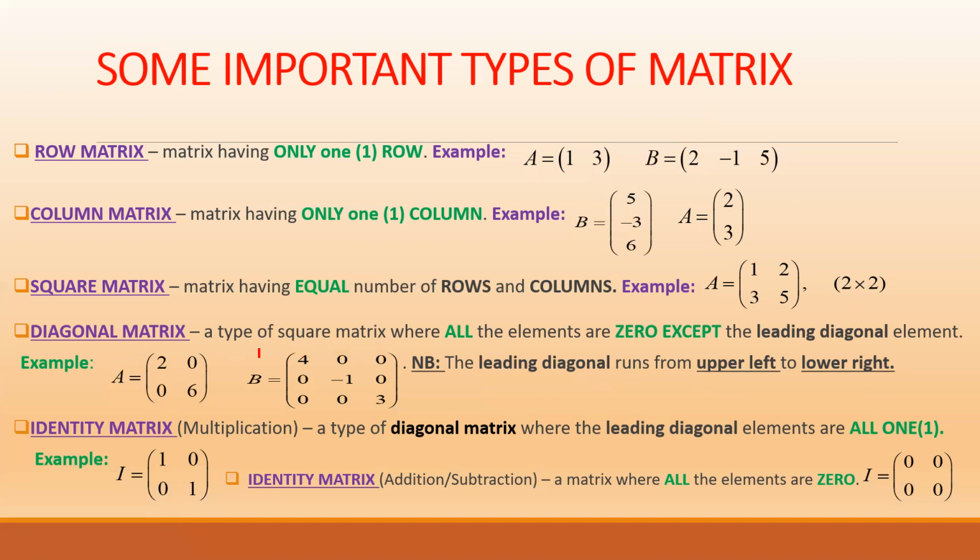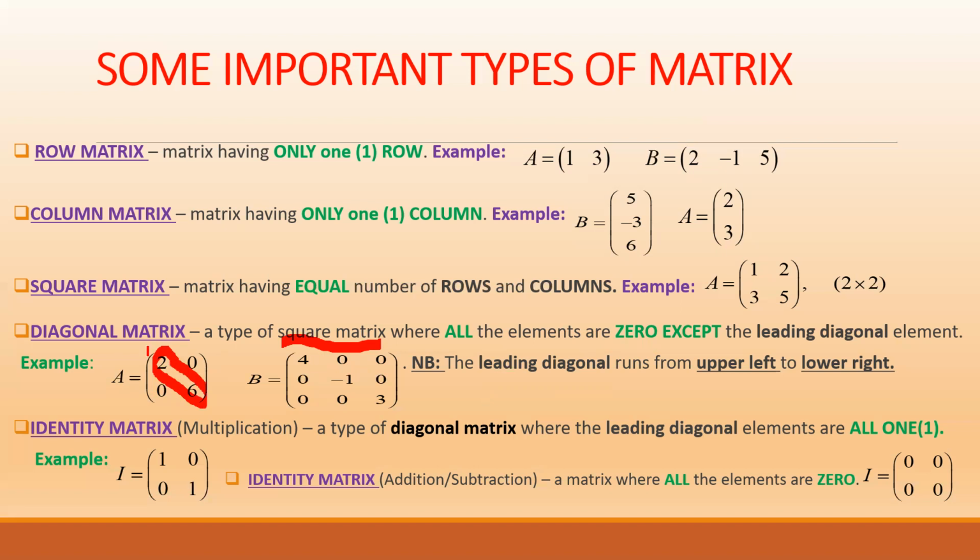The diagonal matrix is a square matrix. That means it has an equal number of rows as columns. However, what makes it diagonal is that the leading diagonal elements must not be zero, while all the other elements can be zero. Now, let us look at example A. We say that the leading diagonal elements run from upper left, so I'm circling it here, to lower right.